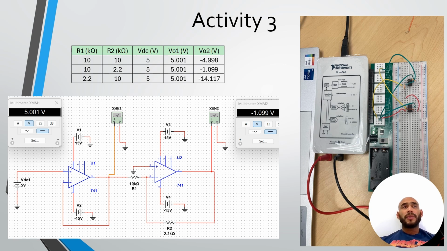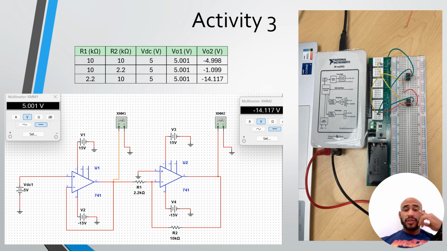The signal is going to be inverted, but the voltage is going to decrease. As we can see, having a resistor less than R1 in the negative feedback reduces the signal that we get at the end of the second op-amp.